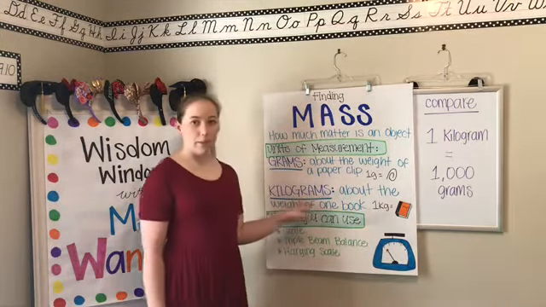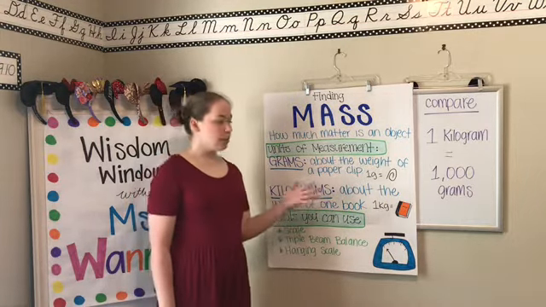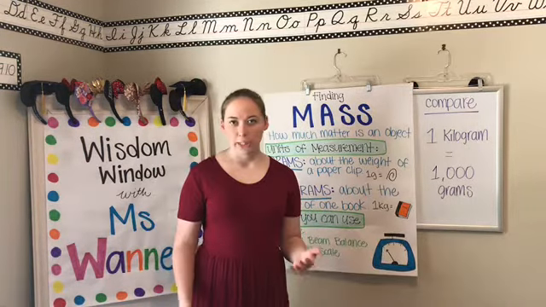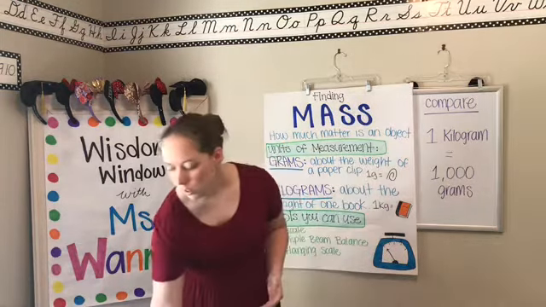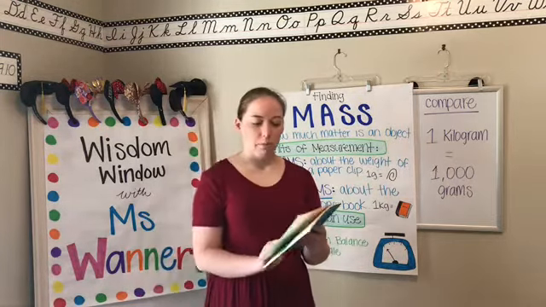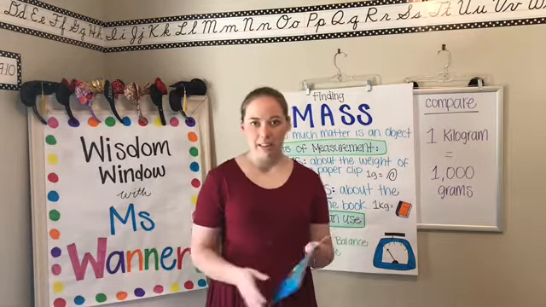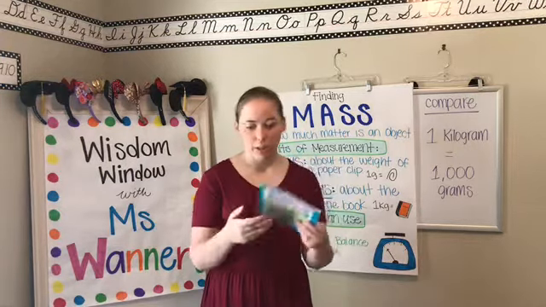Now our other unit of measurement is kilograms. And a kilogram is about the weight of a book. This can be tricky because there are many different types of books. For example, I have this picture book, Miss Nelson Had a Field Day, and I would say it's pretty light. It's definitely not as light as a paperclip, but it's a lighter book.